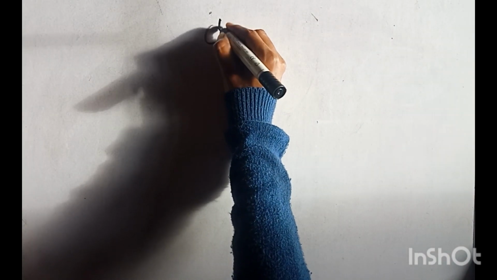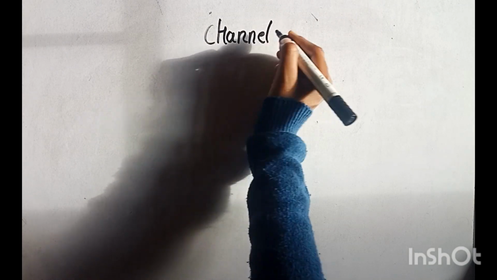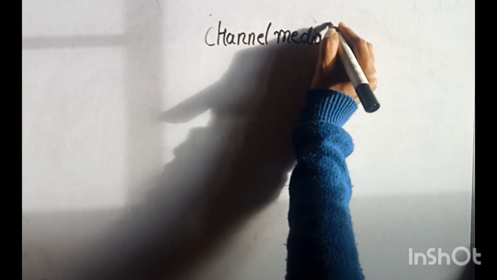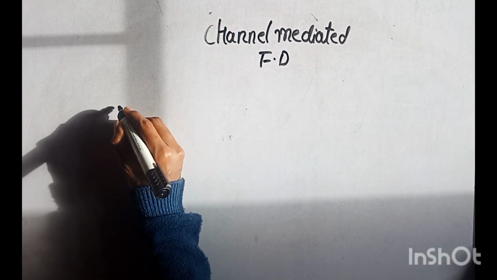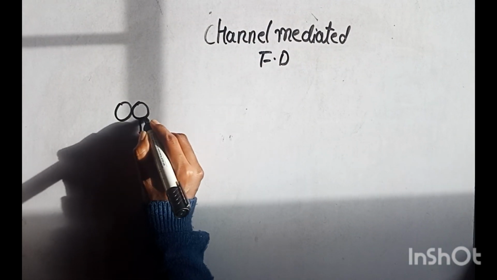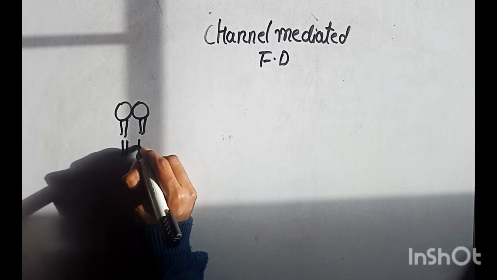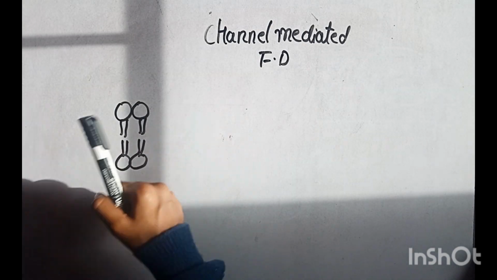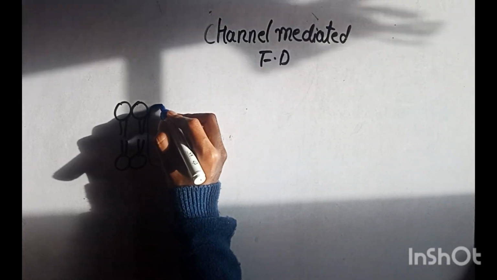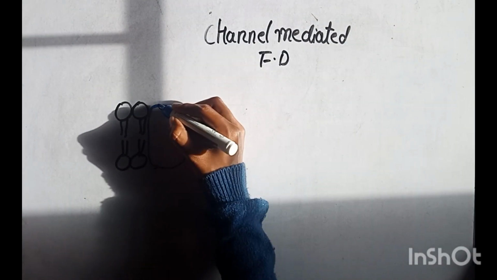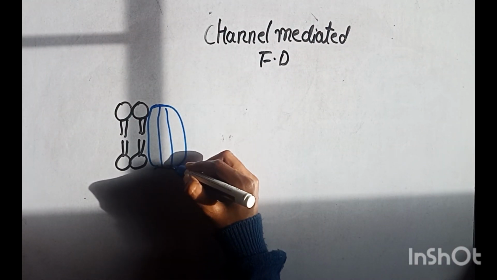The first is channel mediated facilitated diffusion. Channel means ion channels: many integral proteins act like an ion channel, allowing movement of ions such as potassium, sodium, calcium, and chloride. That's why this is called an ion channel.